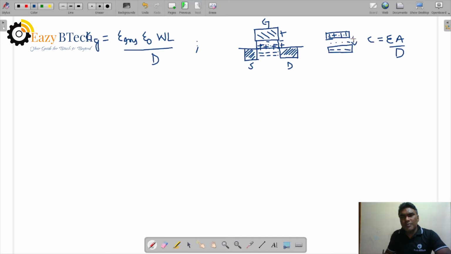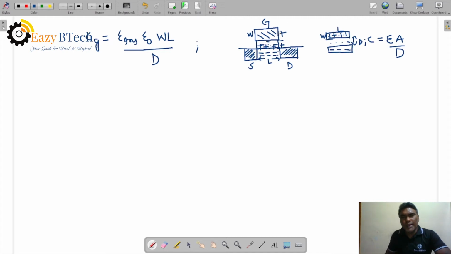D is the distance between dielectric layer. Okay, and A is the area of this plate. So width and length. Here, width of the polysilicon and this length of the channel. This is the length of the channel area. So this is called a CG, gate to channel capacitance.